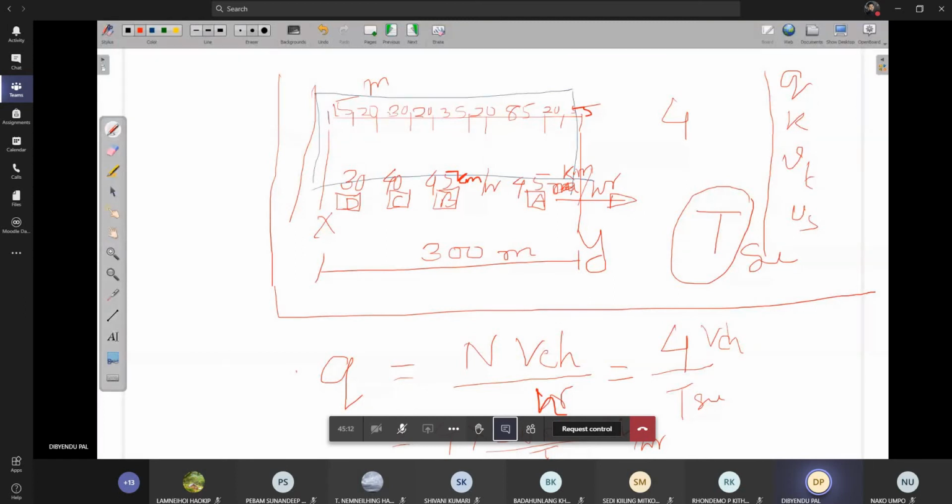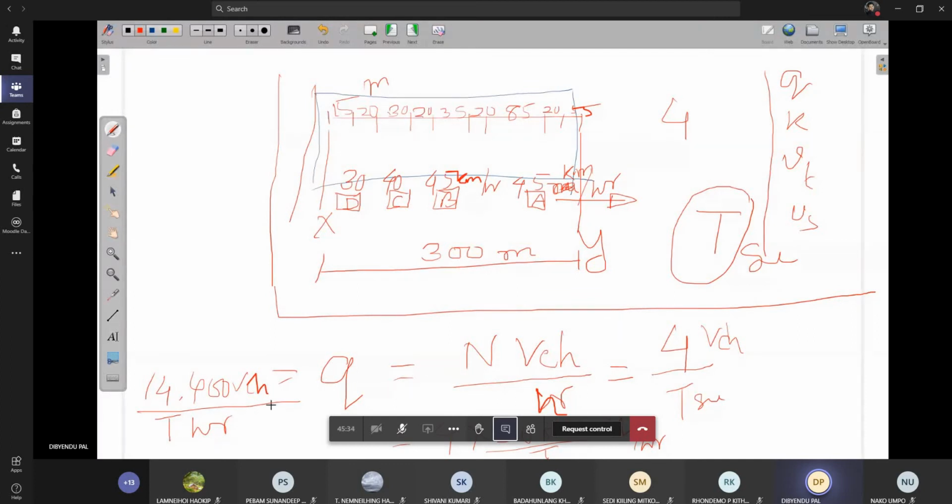Now do this calculation: 4 into 3600 is 14,400 vehicles per hour. That means the flow of this traffic stream was 14,400 by T vehicles per hour.